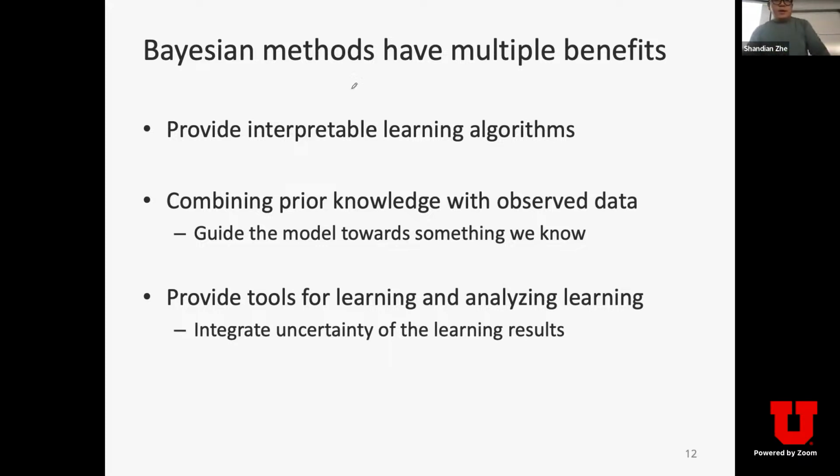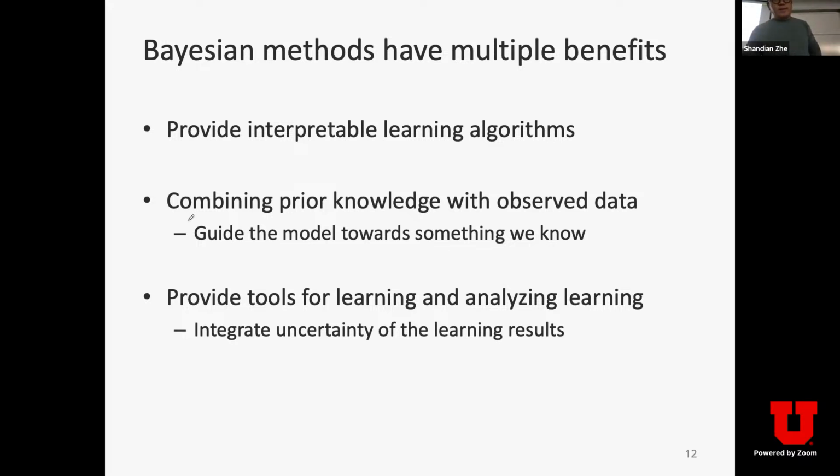And also, you specify how the data is generated given the hypothesis. It also forces you to give some explanation. You can't just say that given this hypothesis it will give a very high likelihood, and given another hypothesis it doesn't give a high likelihood. You need to explain why.